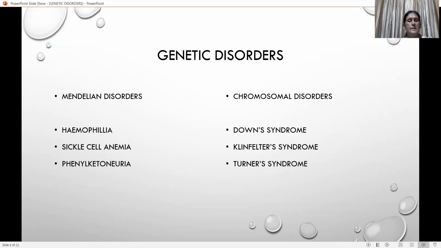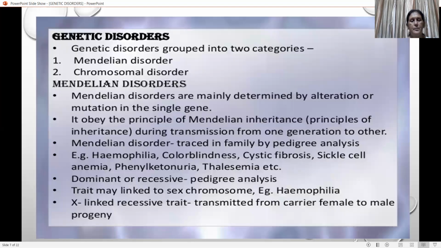And in sickle cell anemia, it is the autosomal gene present in the body that converts the RBC into sickle cell type. And in case of phenylketonuria, it is due to the lack of an enzyme. It is also an autosomal defective gene present in recessive form.